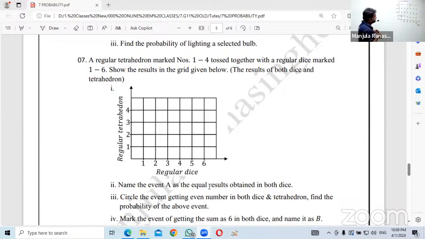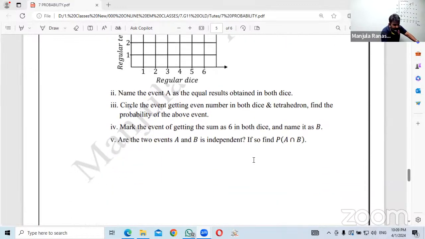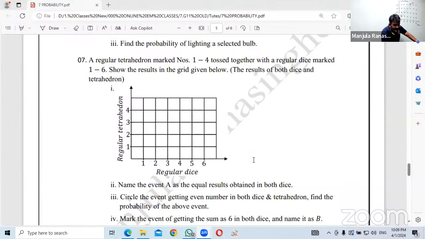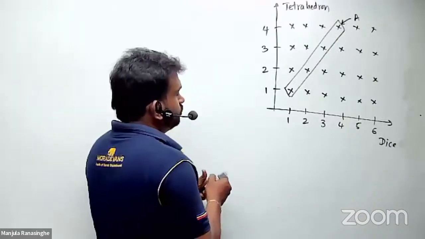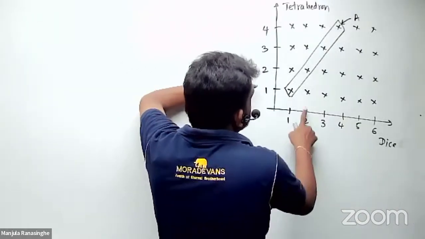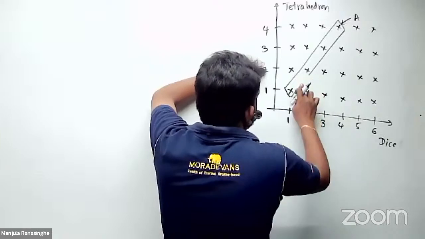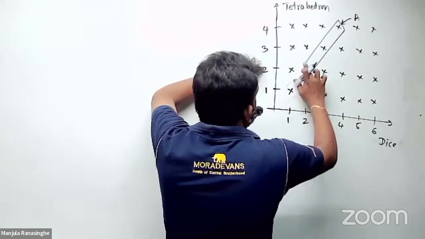So these are the same events 1, 2, 3, 4, that is A, equal results obtained. Okay. Circle the event getting even number in both dice and tetrahedron. Even number. They came even numbers වැටීම, right? බලන්න even numbers. So here 2, and then this is the A event, right?